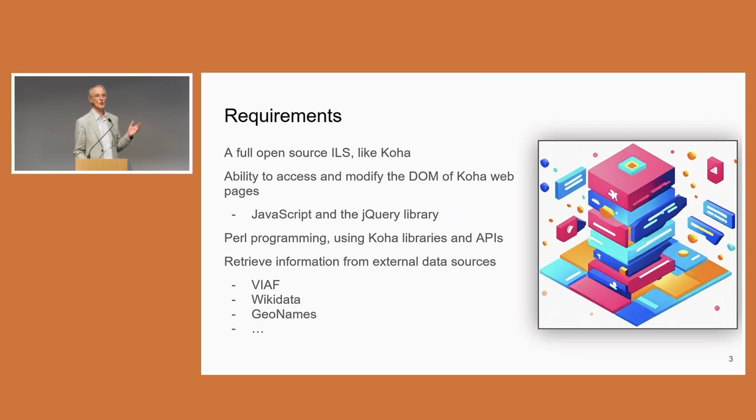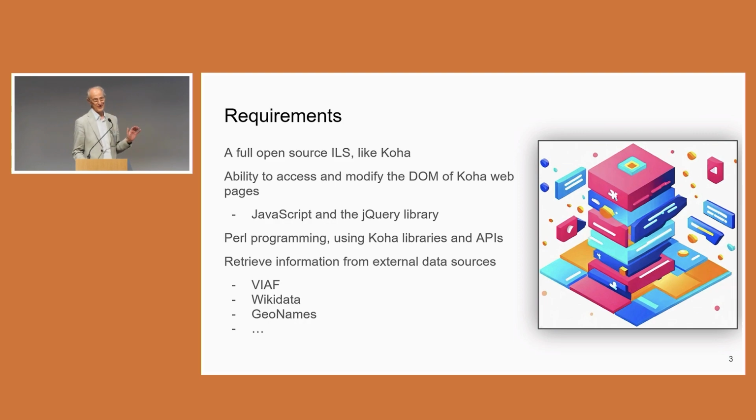So let's say you have a Koha ILS and the ability to access the document object model of the Koha web pages. This is very important. I know that George Veranis, for instance, is very able to do this, and you manage JavaScript and the jQuery library.